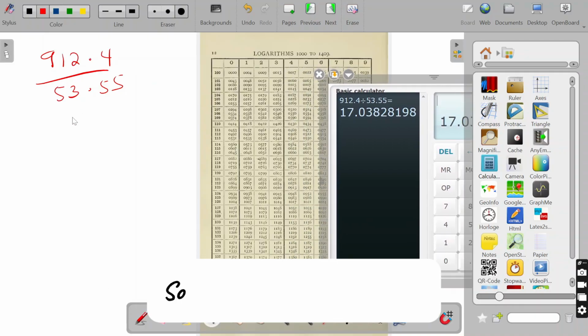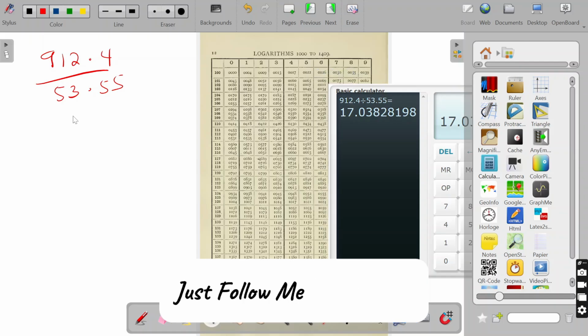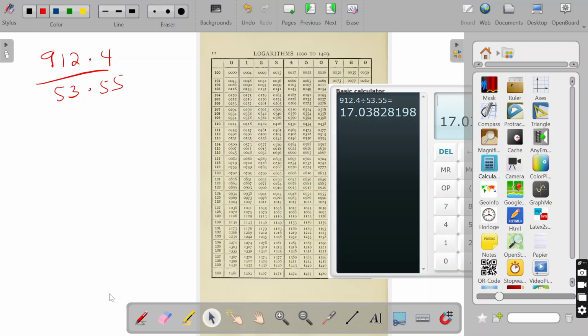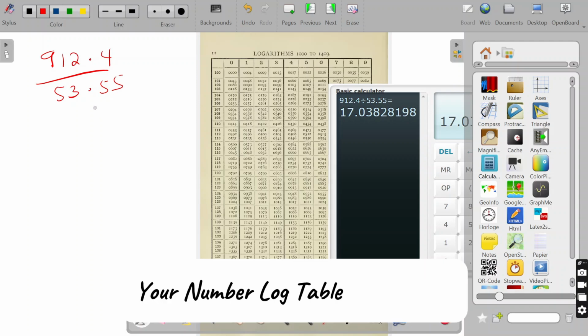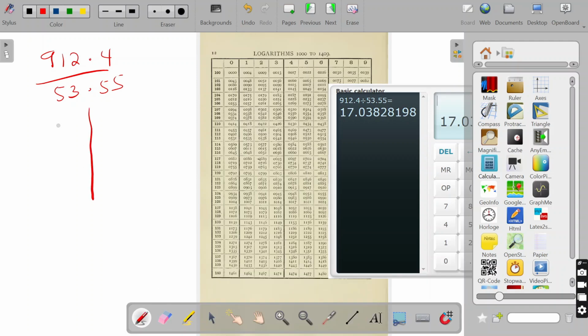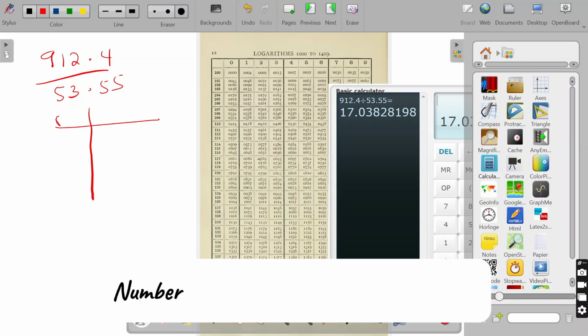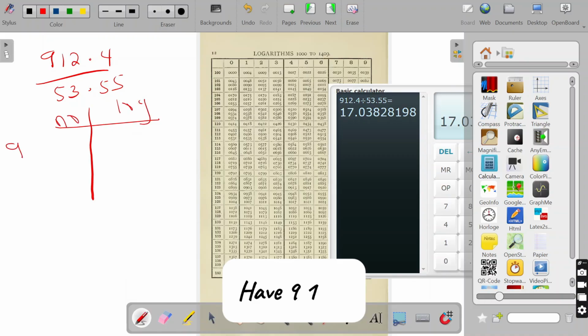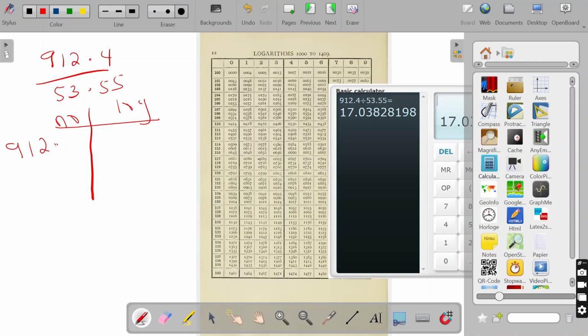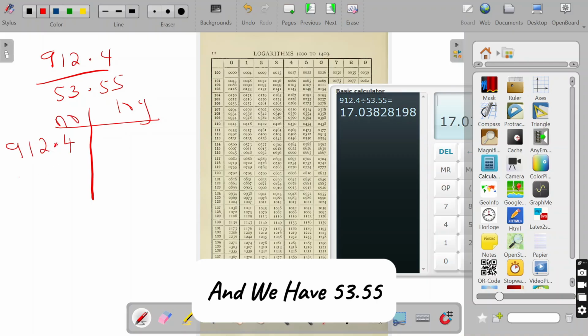So to start with, we draw a number and log table. Just follow me, you will get it. Inside the numbers, we have 912.4 and we have 53.55.